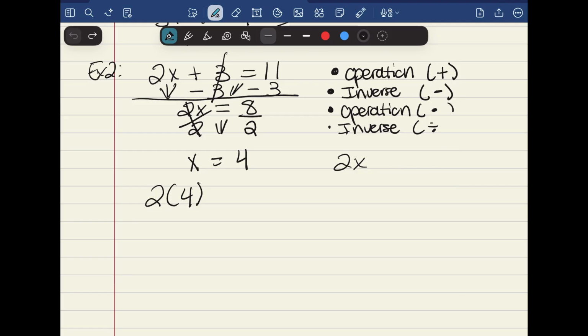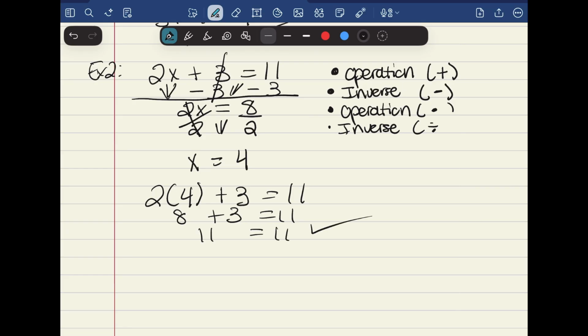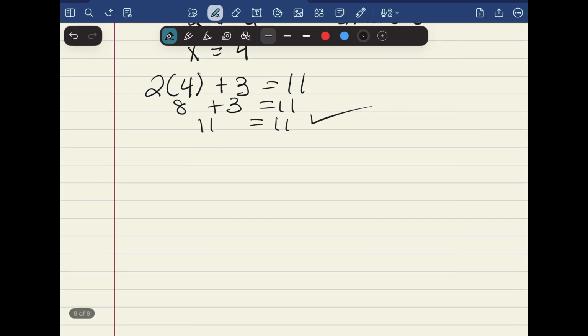Remember that. So 2 times 4 plus 3 equals 11. Okay, 2 times 4 is 8 plus 3, 11 equals 11. Does that check out? Yes, it does. So we're good there. Let's move on.